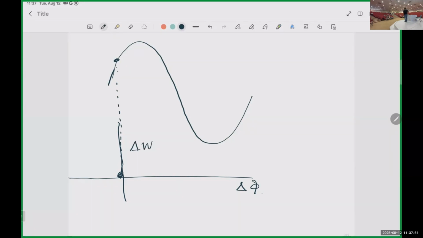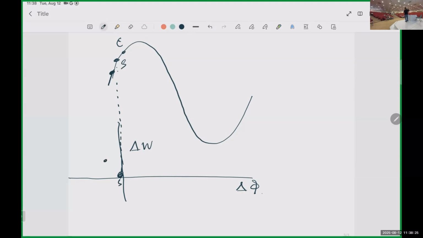Okay, the particle which will be early will have higher energy. This is the early particle. This is the synchronous particle. It will be, sorry, the early particle will have its position somewhere here.